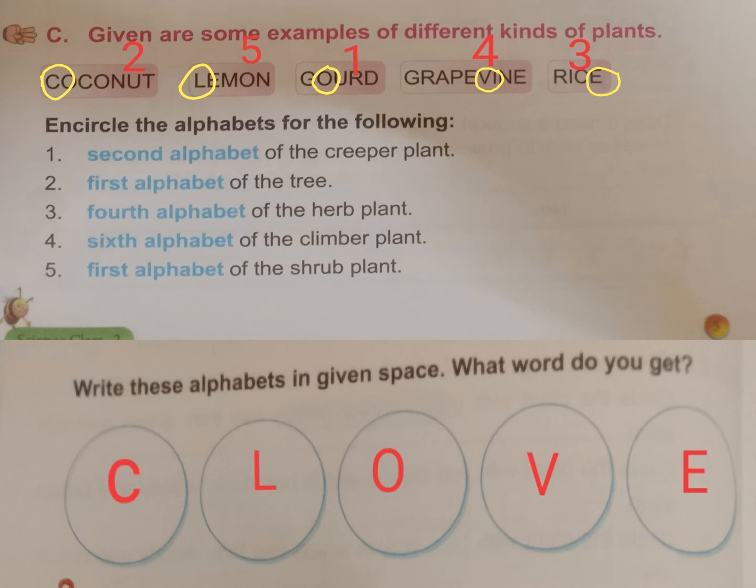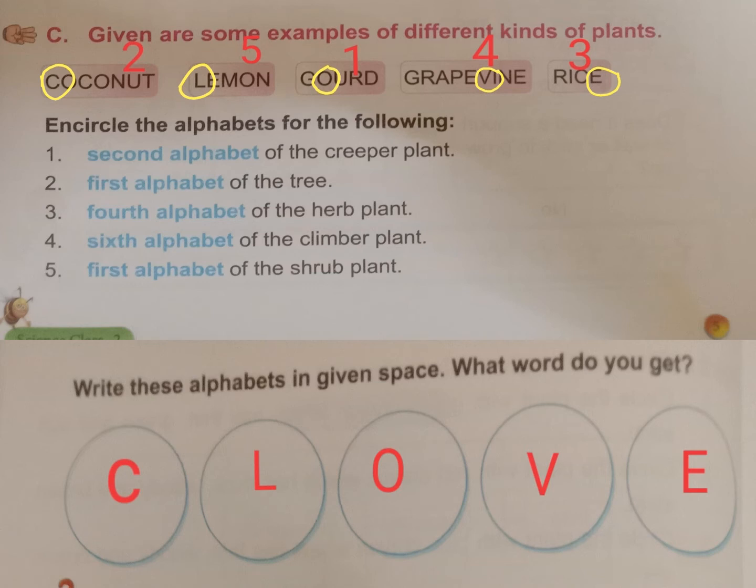O. Now, second one, first alphabet of the tree. In this example, which is the tree? Coconut. Are you correct, children? Did you write correctly? Yes, second one, coconut. This is a tree. Now you want to circle the first alphabet.